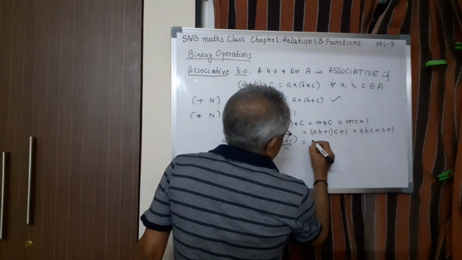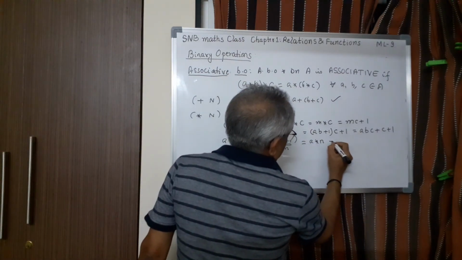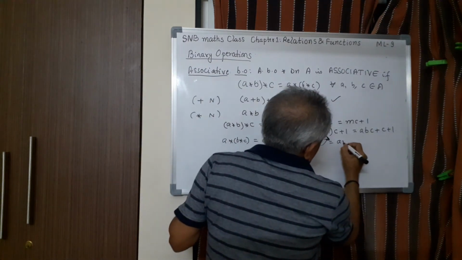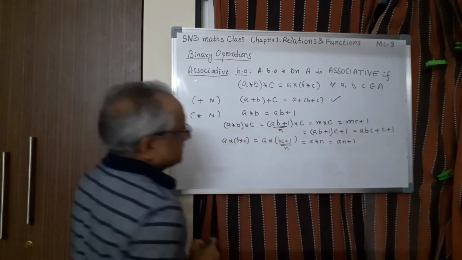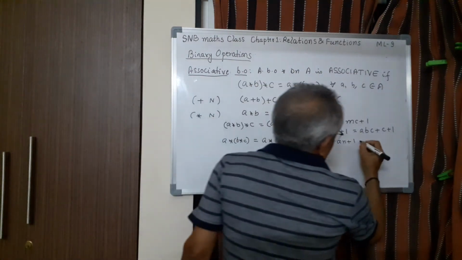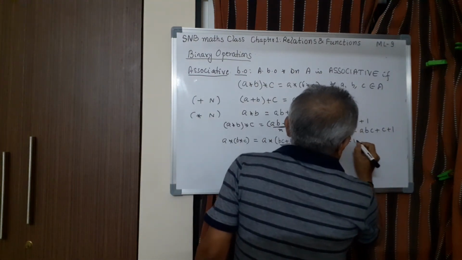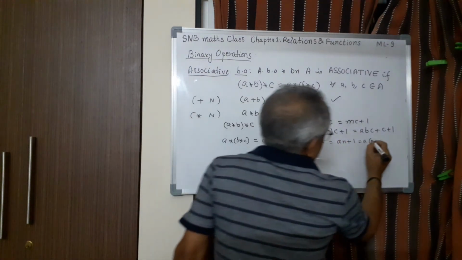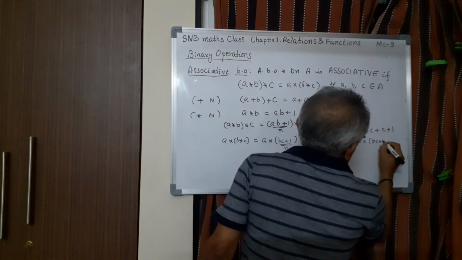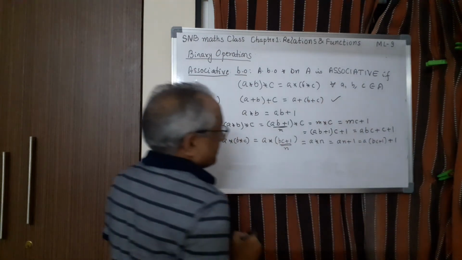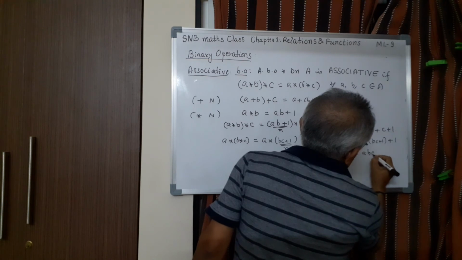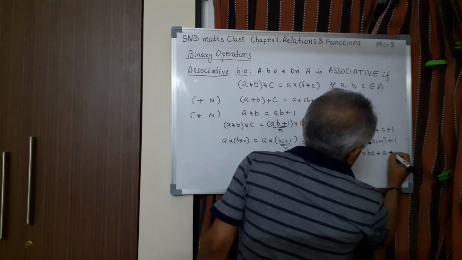So this is A star N. Now A star N is AN plus 1. So this is A into N, where N is BC plus 1, so BC plus 1 plus 1. When you simplify you get ABC plus A plus 1.